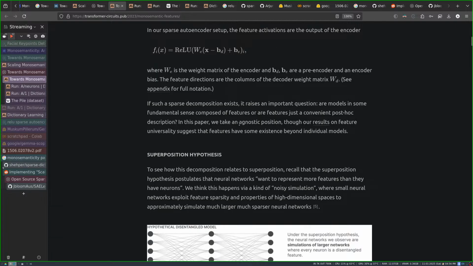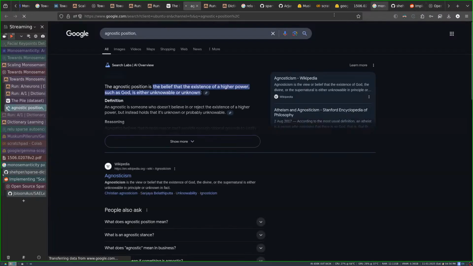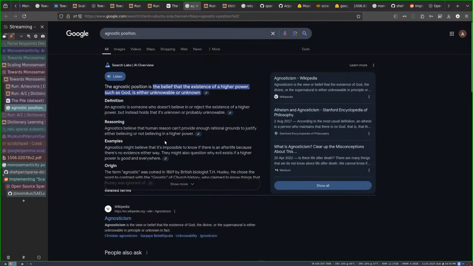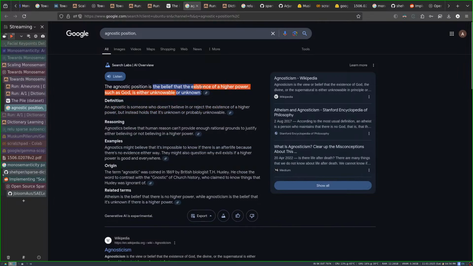What does agnostic position mean? I think it's neutral. Oh, okay, my bad: it's the view that the existence of a higher power such as God is either unknowable or unknown.